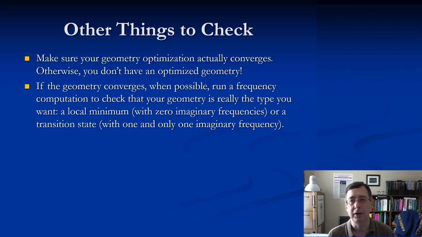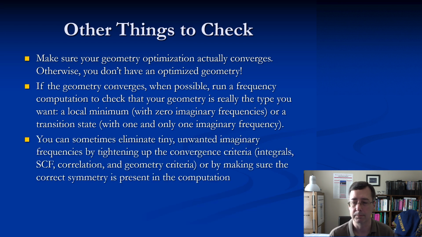If you get an imaginary frequency, it's a sign you're not at a minimum, and then you might want to try to re-optimize. Of course, if you're looking for a transition state, you do want exactly one imaginary frequency, and you can check that you get that. If you have more than one imaginary frequency, it means you're off a little bit in trying to find the transition state, and you might want to try to tweak your geometry and restart the transition state search.